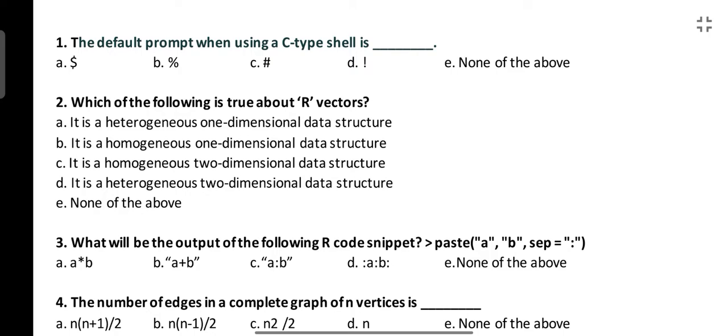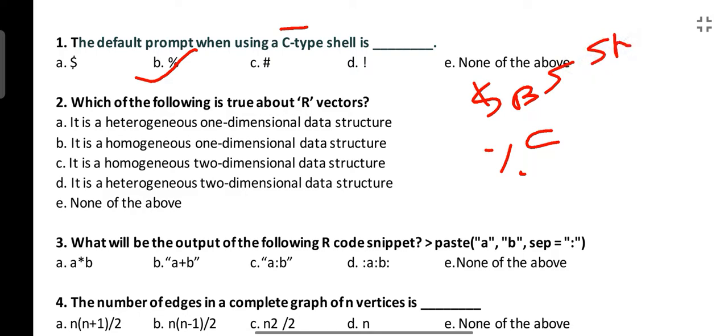So the first question is, the default prompt when using a C-type shell is... So here it is talking about C-type shell. The default prompt for C-type shell is percentage. Actually there are majorly two types of shell. One is Bourne shell and the other is C shell. The default prompt for Bourne is dollar and for C it is percentage, and they have different types. Bourne uses SH, then Bash, Bourne Again shell, uses BASH, then K shell uses KSH.